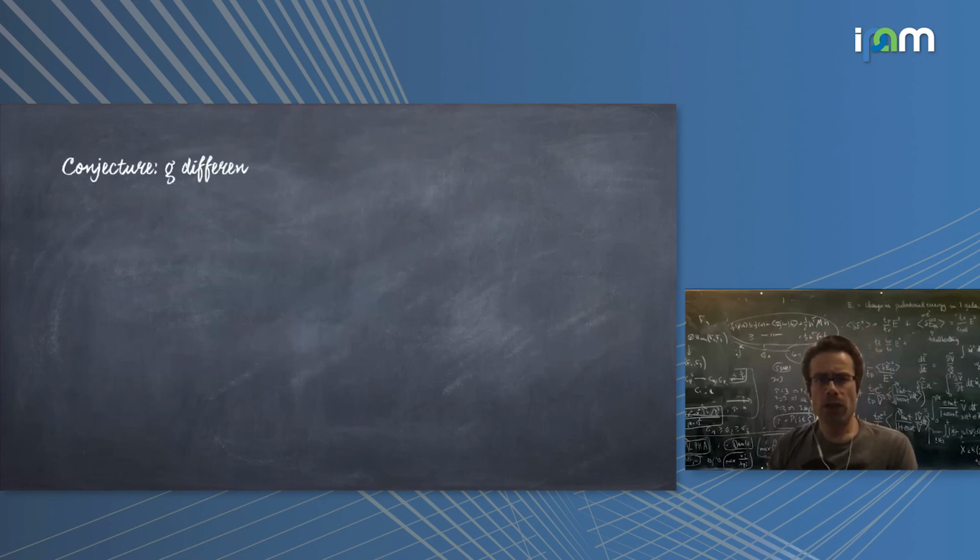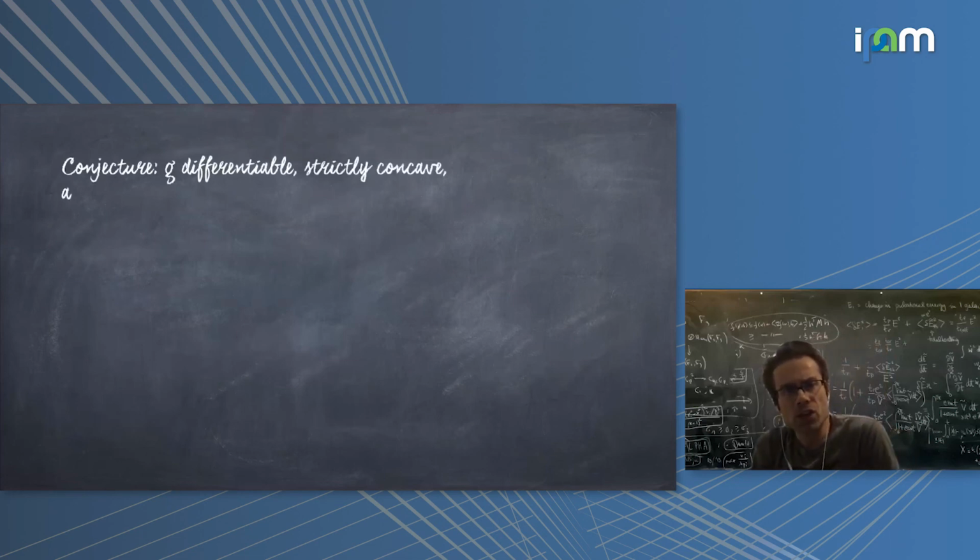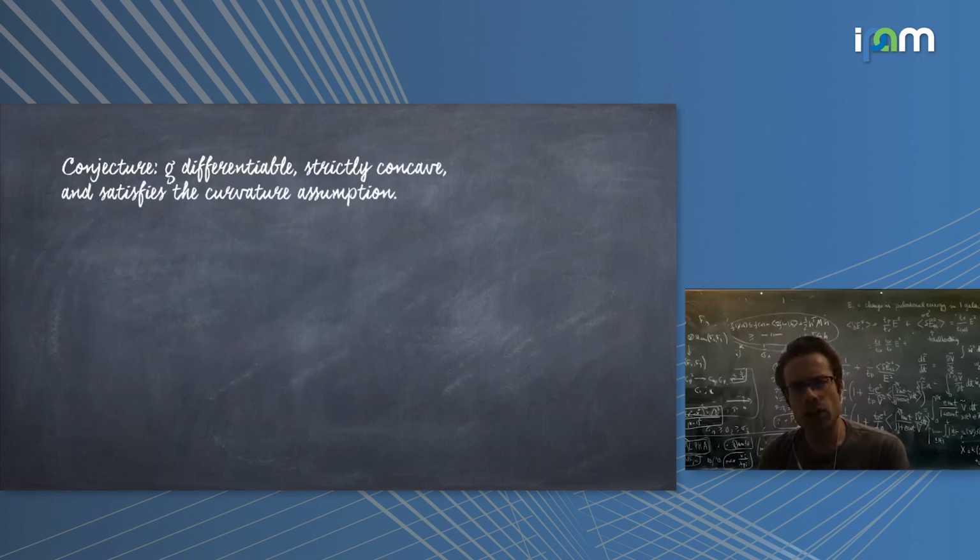Now, about this condition on the shape, it's conjectured that fairly generally the shape should be differentiable, strictly concave, and satisfy whatever that curvature assumption was that was needed for the work by Licea and Newman.